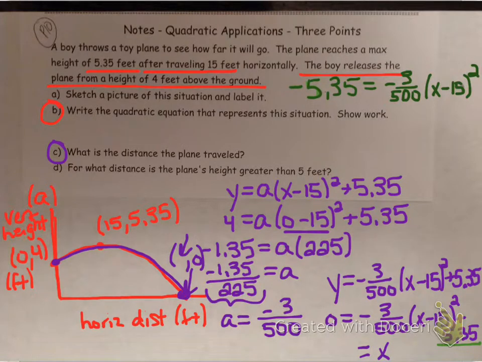And then the next step would be to take the fraction, -3/500, right there, and divide to move it to the other side. Okay, and so when you do -5.35 divided by -3/500, you end up with 891.6 repeating.